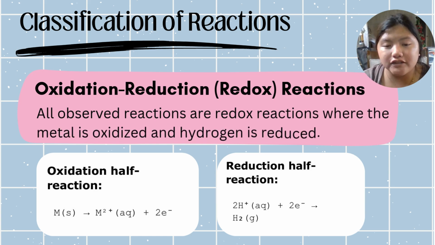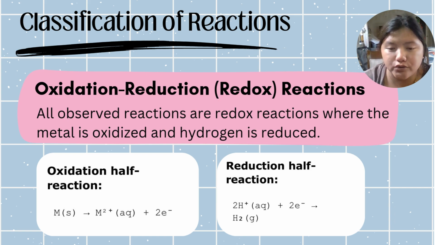All observed reactions are redox reactions, where the metal is oxidized and hydrogen is reduced. Because when we say redox reaction, there is a transfer of electrons between the two substances. Try to look at the left side, the oxidation half reaction, where metal leads to metal plus two negative electrons.